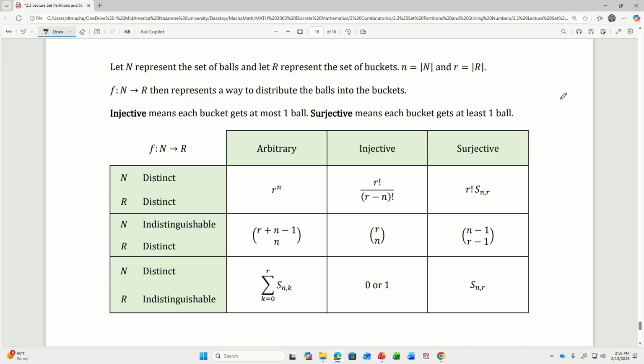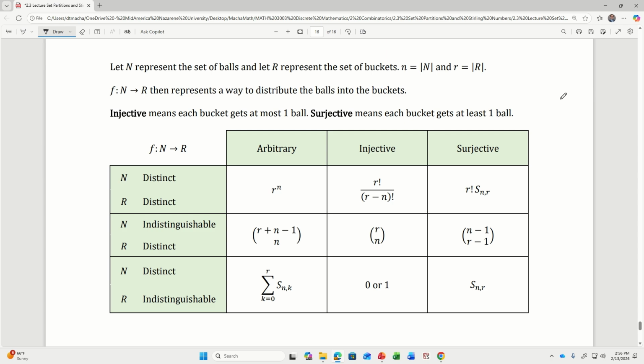Over here, we can tell whether the n balls are distinct or indistinguishable, whether the r buckets are distinct or indistinguishable, and whether the mapping is arbitrary, meaning you're allowed to have empty buckets and every ball in one bucket. Injective means you can't have more than one ball in a bucket, and surjective means you can't have empty buckets.